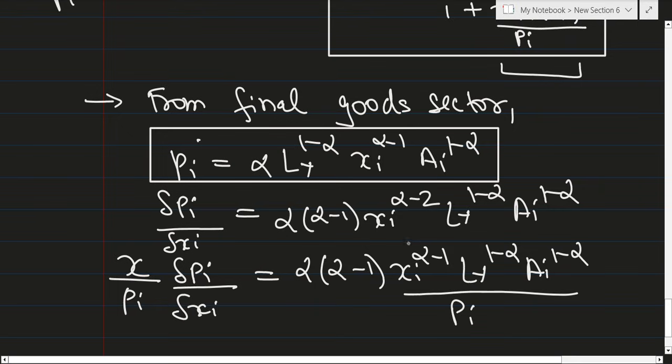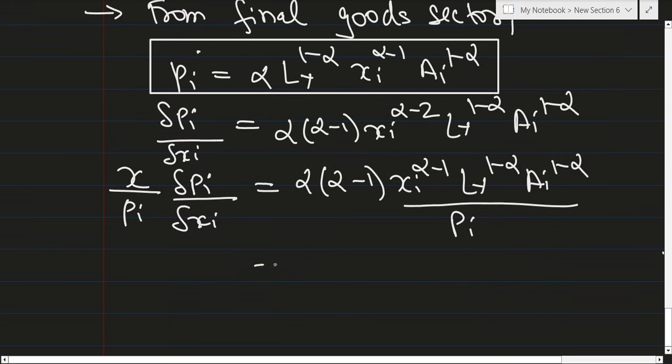Now again we can plug in Pi's value in this denominator. So what do we get? Let's see.